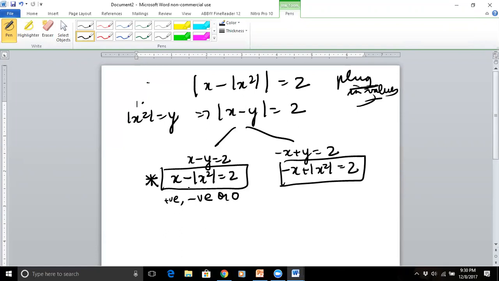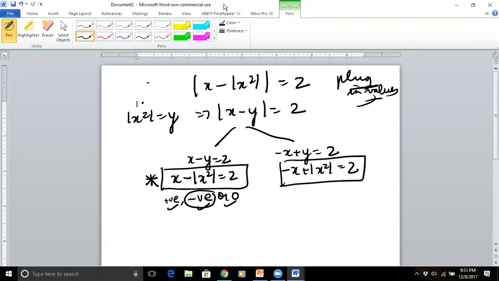See, let me put it this way. If you take x is equal to 2, you're going to get 2 minus 4, which is negative 2. So I know I'm going to get a negative output. If I put x is equal to 0, I'm going to get 0. But if I put x is equal to some positive fraction, I know I'm going to get a positive output. But I cannot get a value for x in that first equation, x minus mod of x square equal to 2, which gives the output equal to 2.